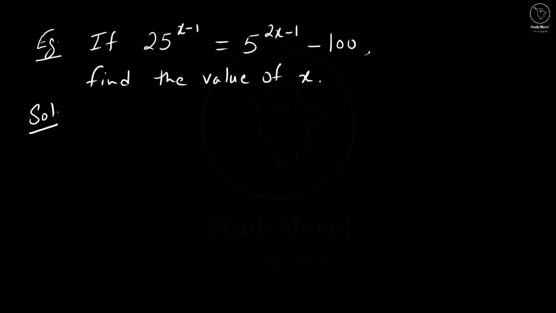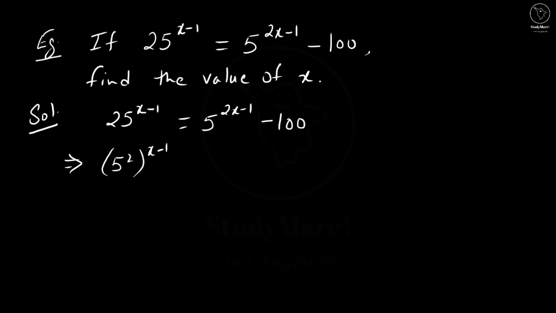The given equation is 25 to the power x minus 1 is equal to 5 to the power 2x minus 1 minus 100. 25 can also be written as 5 square. So in the next step, we get 5 square whole to the power x minus 1 is equal to 5 to the power 2x minus 1 minus 100.